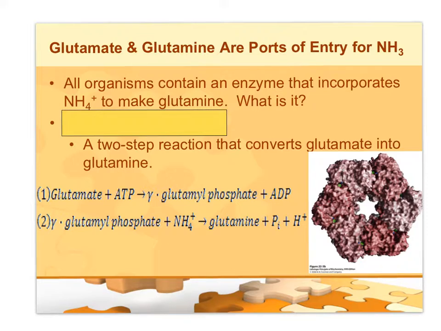You can take the glutamate, we have to activate it, which we've seen that kind of thing before. And we're activating, it says gamma glutamyl phosphate. What does that gamma mean? Right, so normally we talk about alpha amino acids.